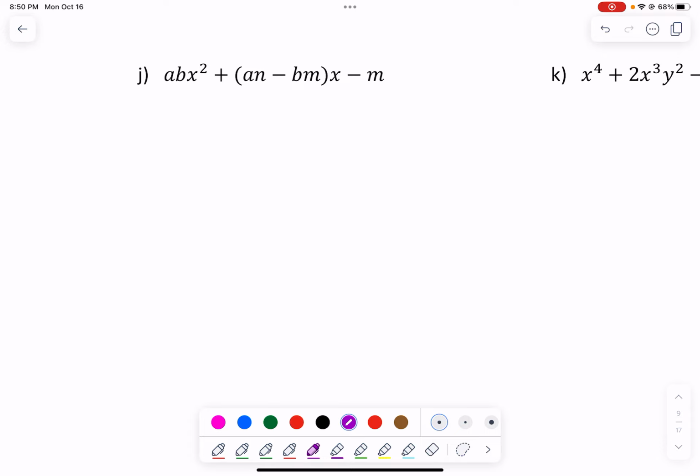J. So for this one, because I hadn't looked at this ahead of time, I'm going to distribute it all and then see. So I'm backwards distributing. And now is there a different way to factor this?